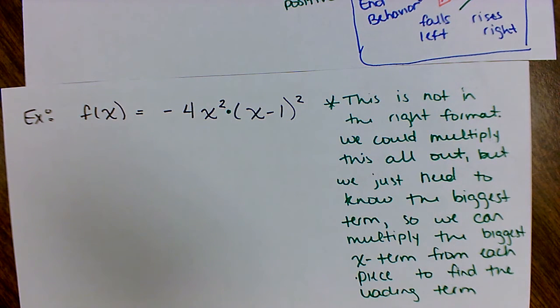The leading term is the term with the biggest exponent, okay? So I'm going to get that by multiplying all the biggest x pieces together.